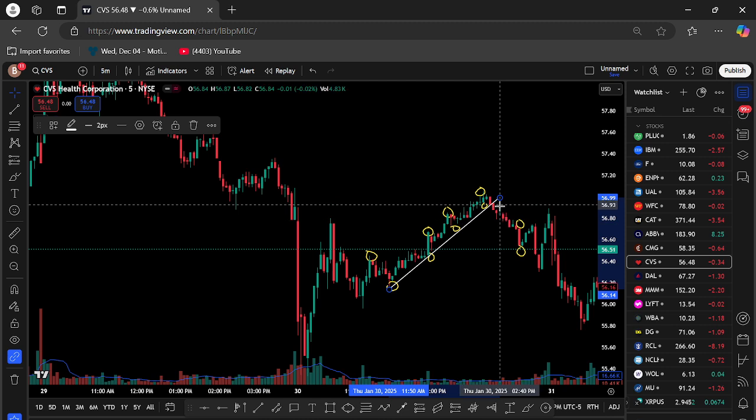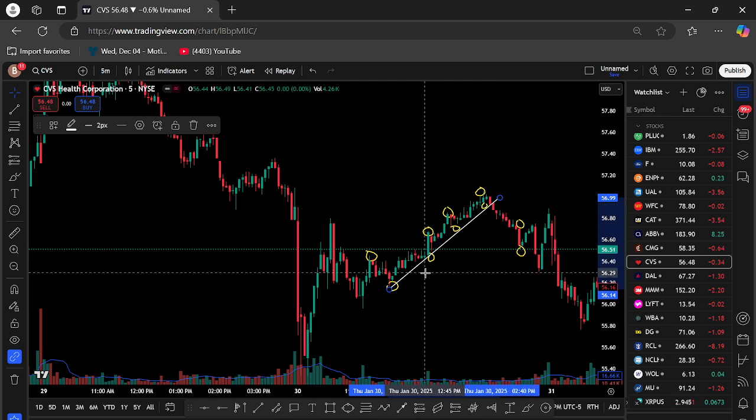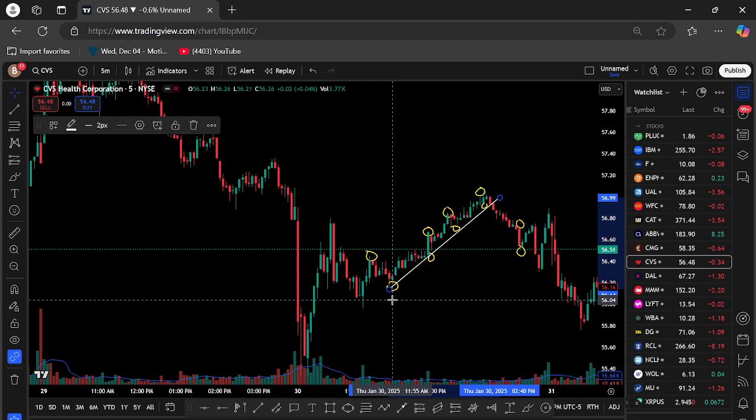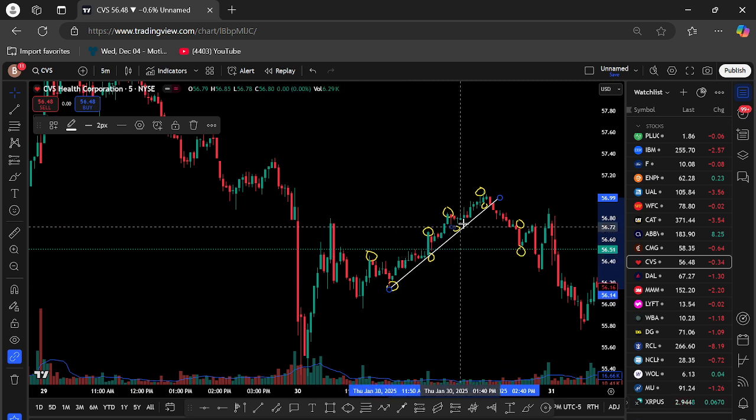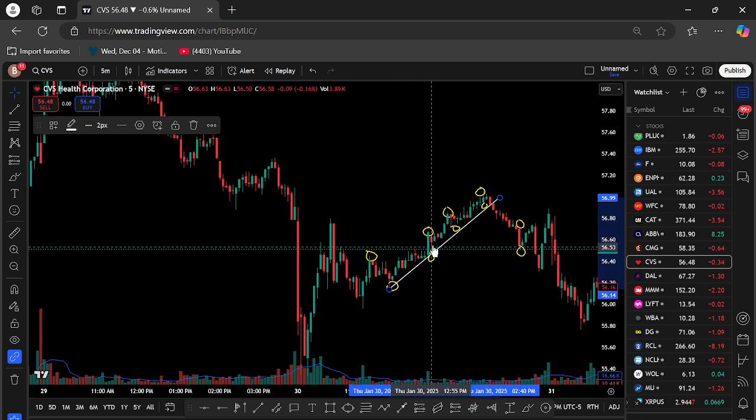We want at least 3 wicks or candle bases to touch. The more candles and wicks touching it, the stronger the line is. If you have a line touching 7 to 10, that means it's a very strong trend line.